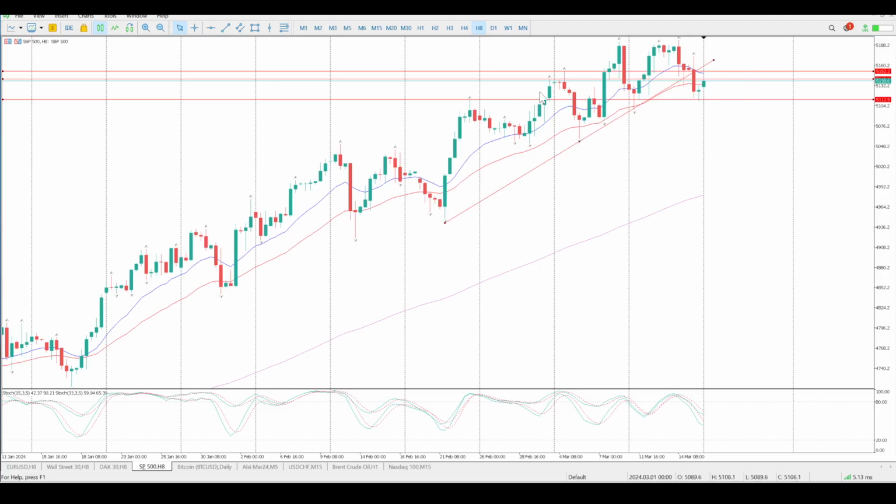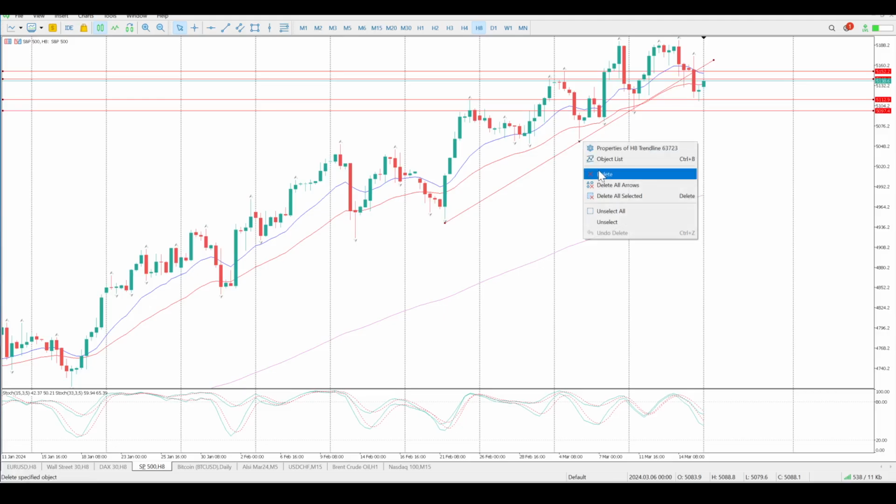Could be a head and shoulders, a diagonal head and shoulders, but I don't really look for those patterns. It could also be a double top, but the double top would need to break below the low of last week, which is 5100. So those are all the levels we need to pay attention to.